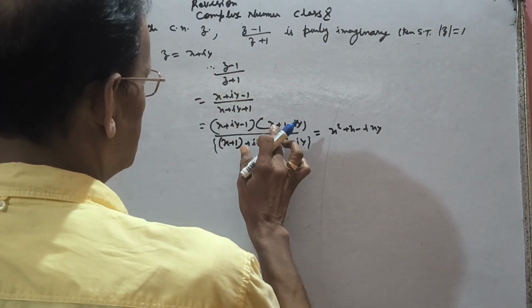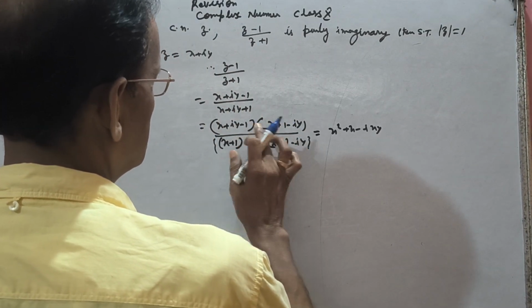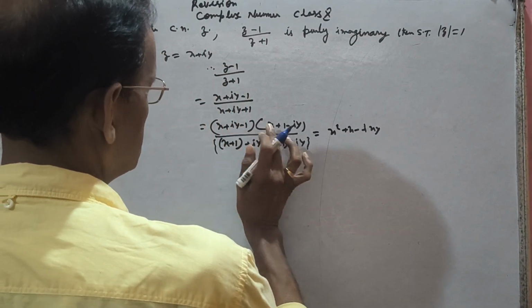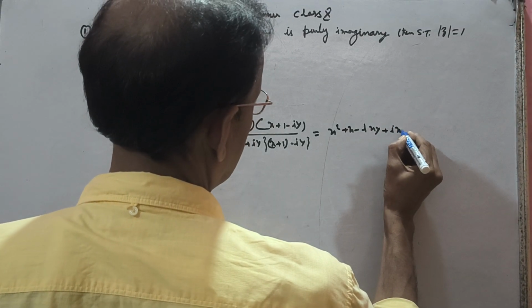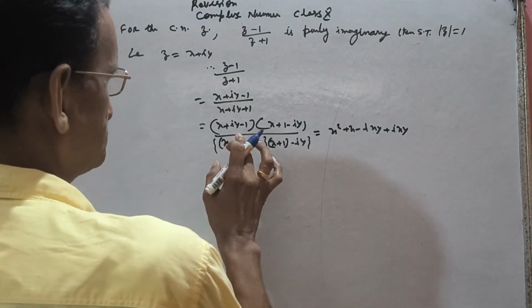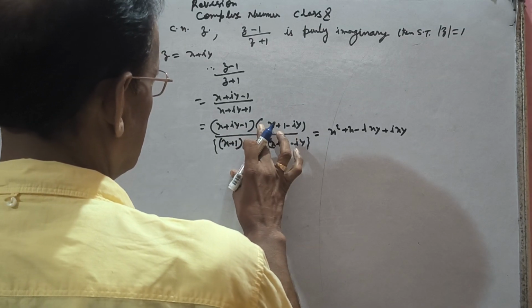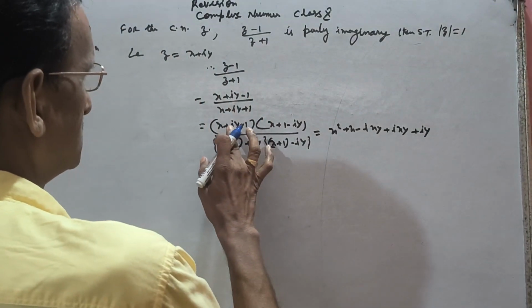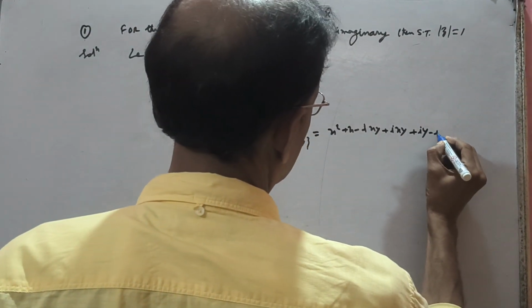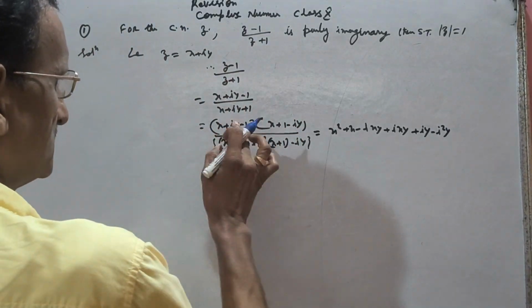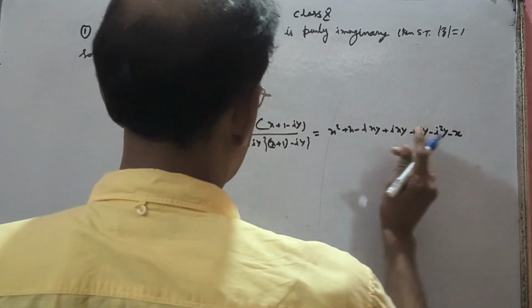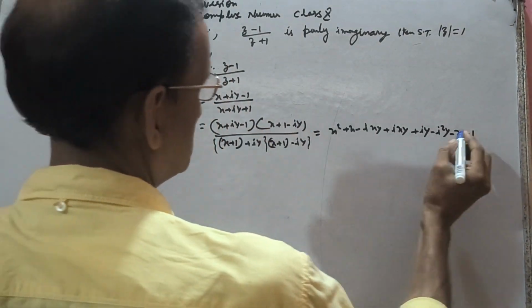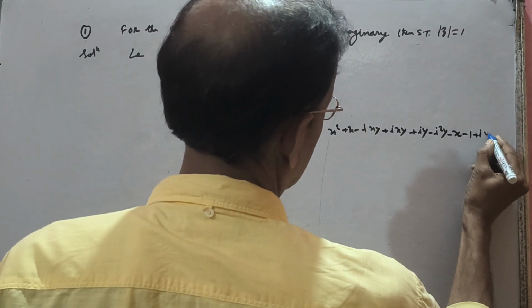See what you get: x square plus x minus ixy, then multiply by this, plus ixy, plus iy, minus i square y, minus i square y, then minus x minus 1 plus iy.